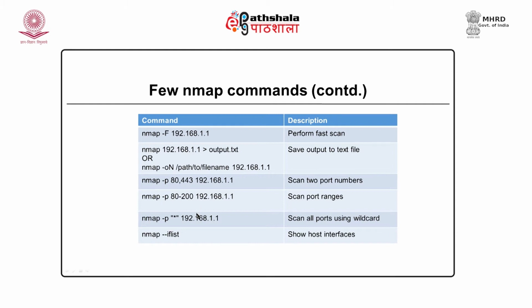If I want to scan all ports, we can use a wildcard like the asterisk sign. So, this is how we can specify different ways of scanning port numbers. It can be an individual port or we can have multiple ports using Nmap software.